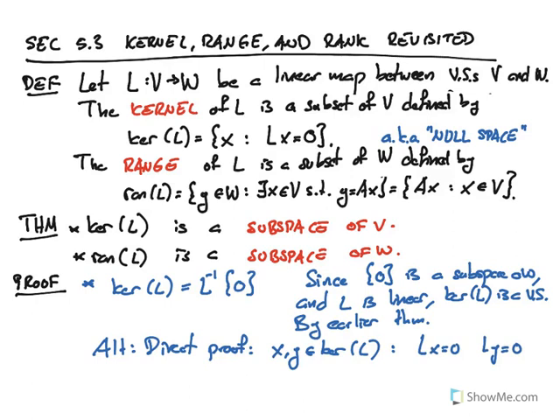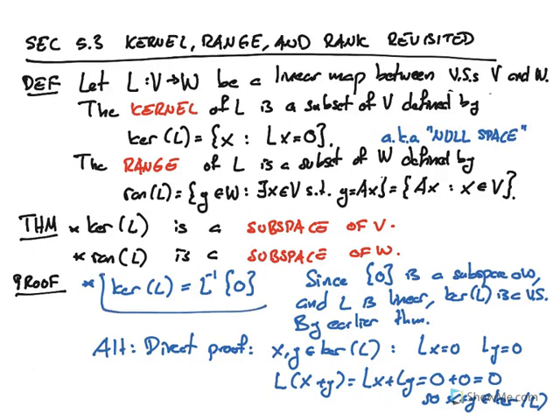And then we want to prove that x plus y is in the kernel. L of x plus y by linearity is Lx plus Ly, which is 0 plus 0, which is 0. So x plus y does indeed belong to the kernel of L. So you can prove it directly. It's super easy. But it's a little extra elegant to just invoke this theorem that we did earlier.